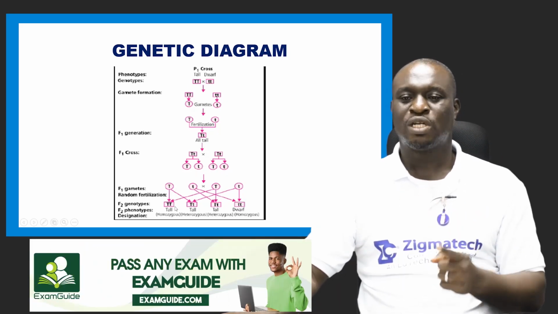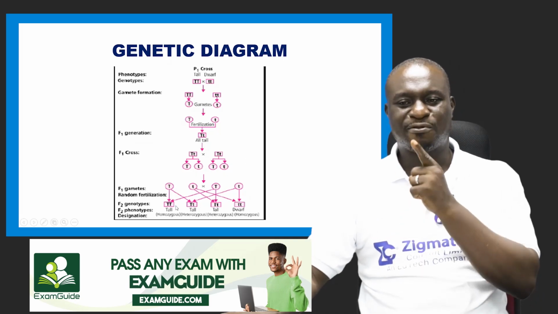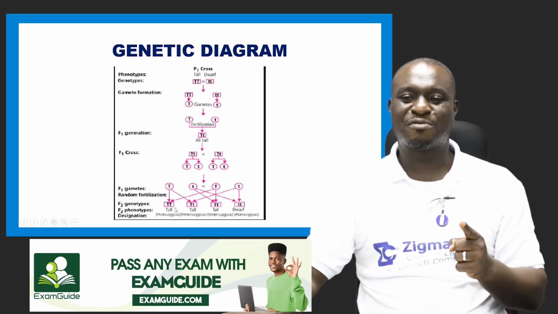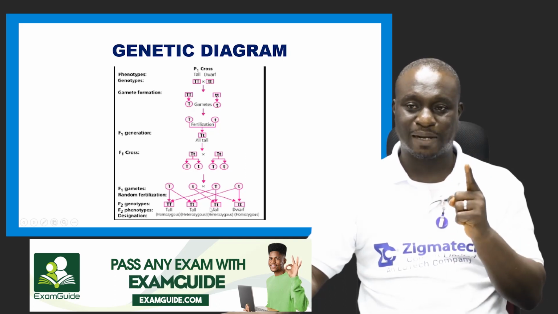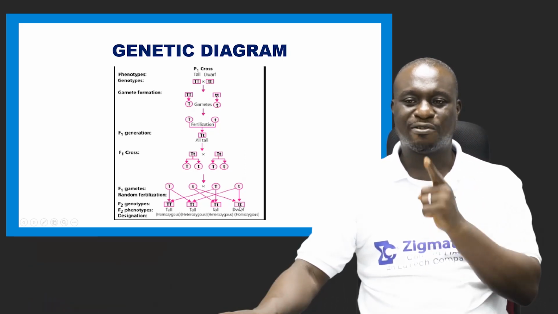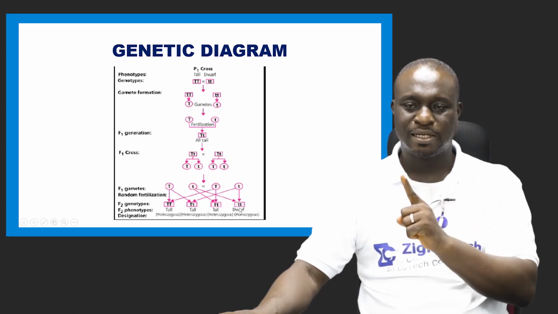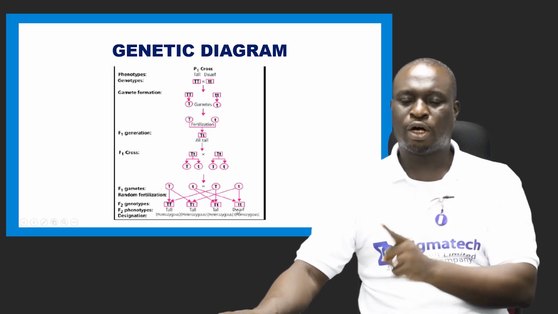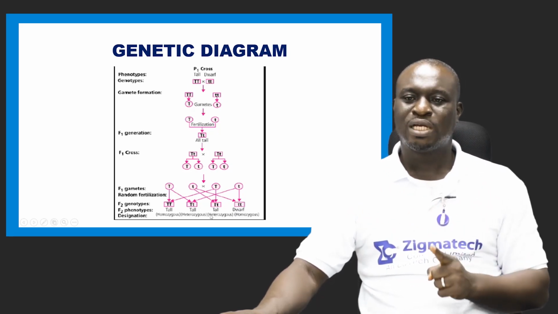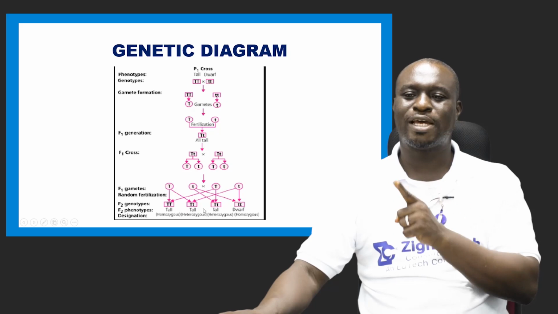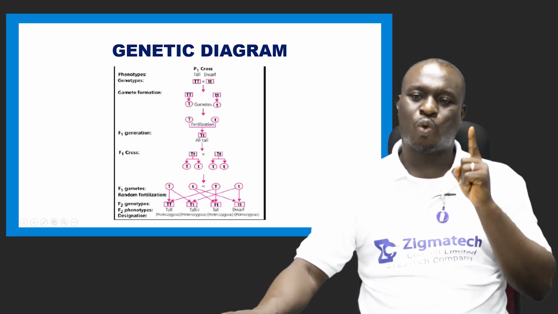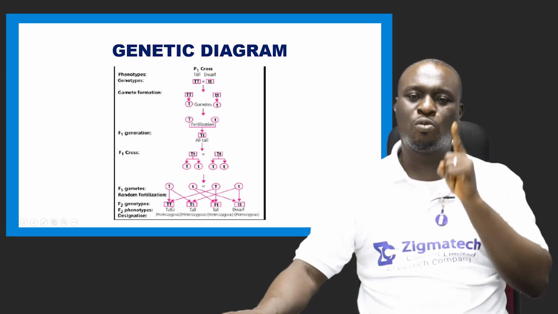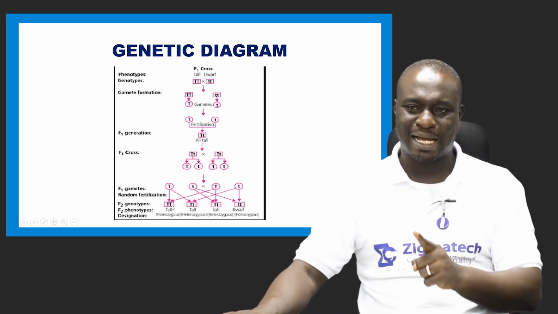As you can see in the phenotype, there are 3 tall plants, and in the phenotype, we have 1 short plant. So the phenotypic ratio is 3:1. But the genotypic ratio is 1:2:1. Why is it 1:2:1? We have 1 homozygous dominant tall plant.